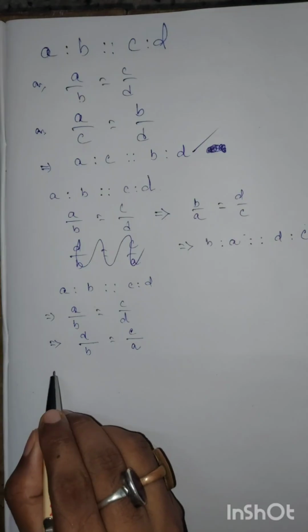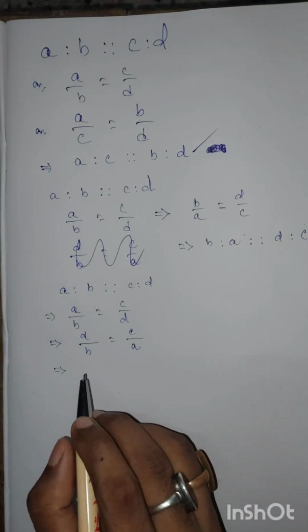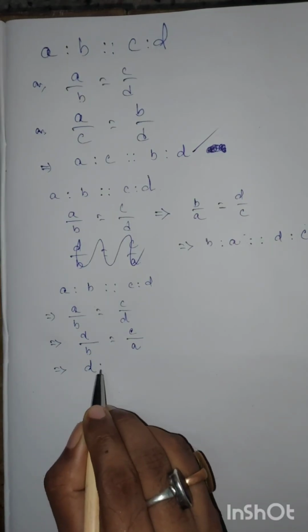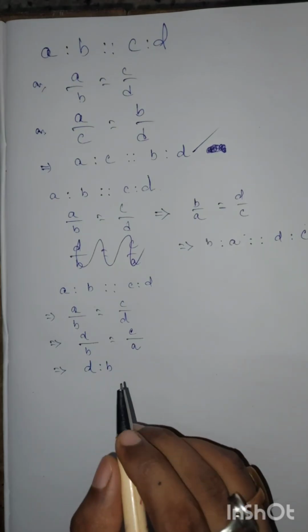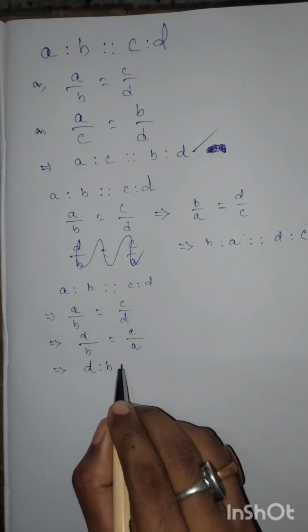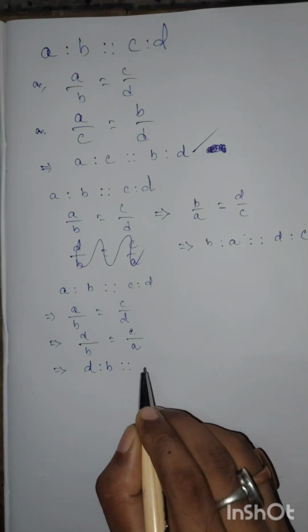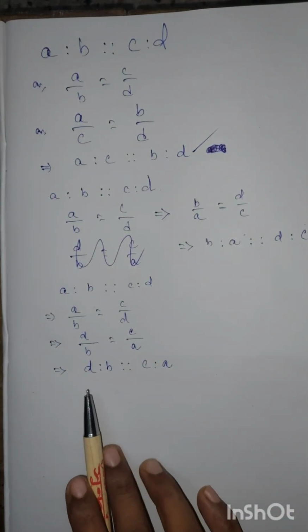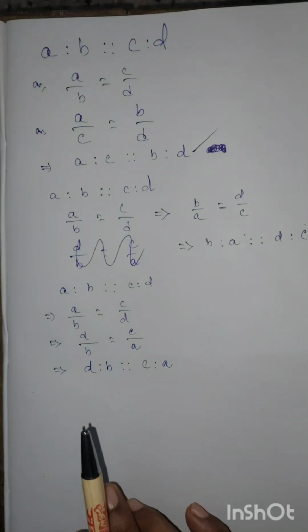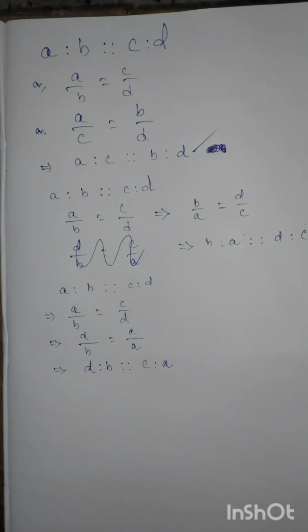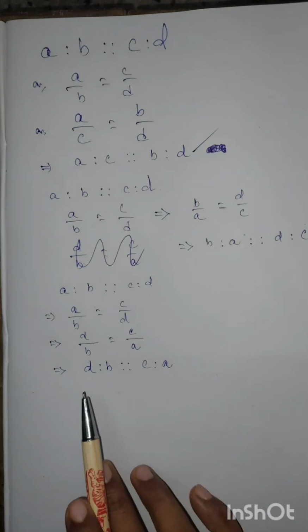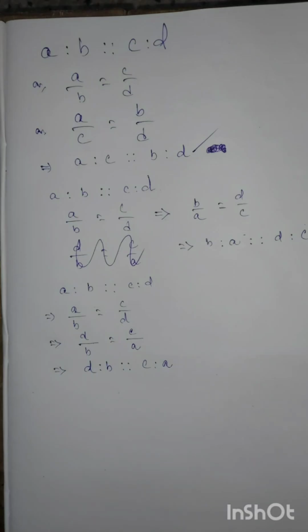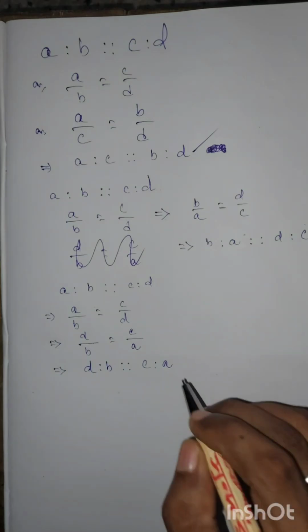That means D, B, C, A are in proportion.